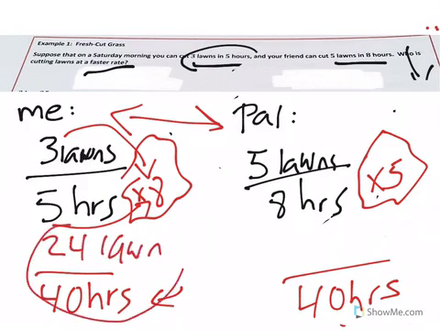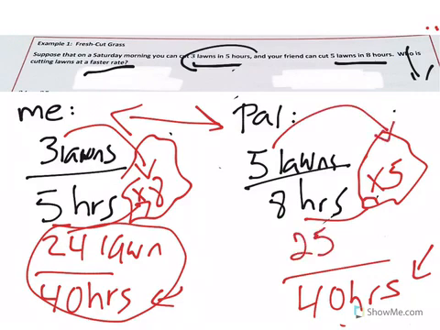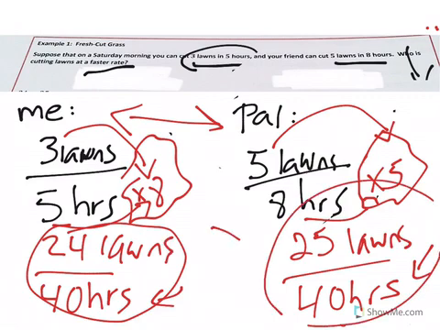So I am cutting 24 lawns in 40 hours. Over here, 8 times 5 gives us 40, and then 5 times 5 gives our pal 25 lawns. So the pal is cutting faster than us because he or she can cut 25 lawns in the same amount of time that we can only cut 24. It's really close, only 1 more lawn out of 40 hours, but we've now found out who is faster.